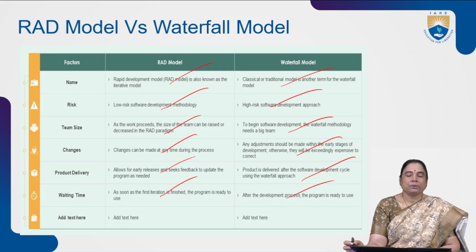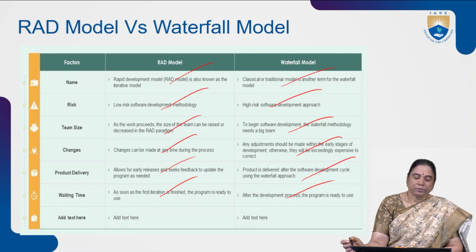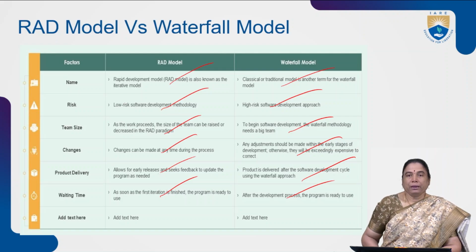In some projects, the technology chosen by the customer can become outdated after the development of the project. That technical risk is high in the waterfall model. It can be very risky in the waterfall model.